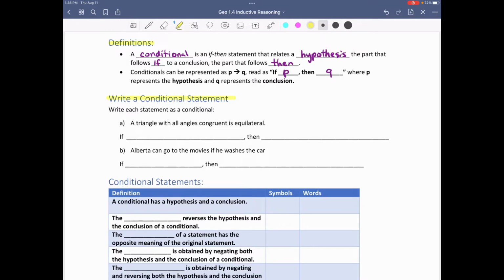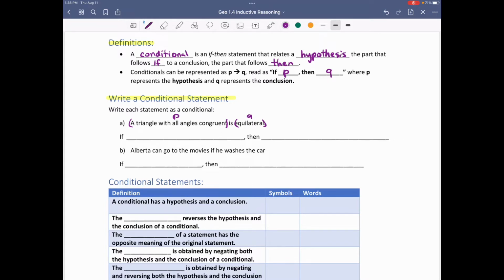A triangle with all angles congruent is equilateral. Here we have our P. Then we have our Q. So we will be taking P and write that in our blank space.